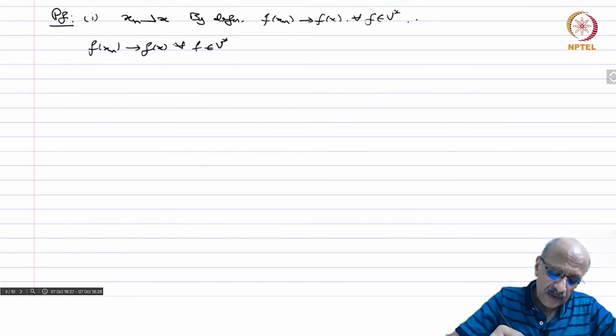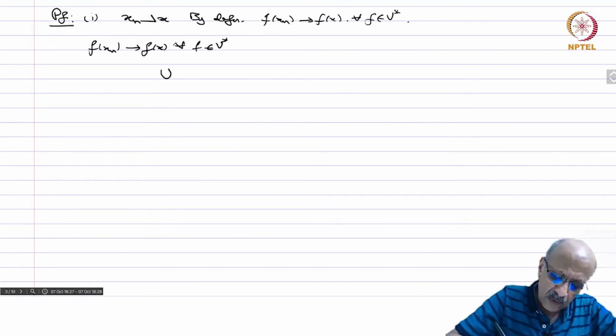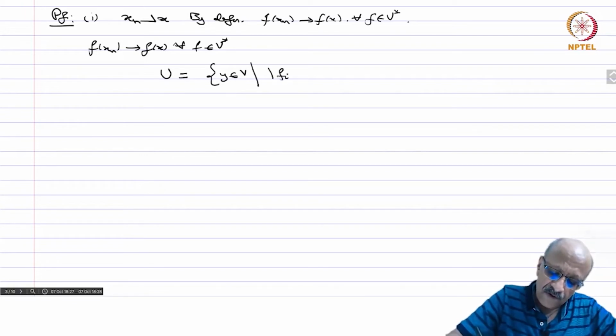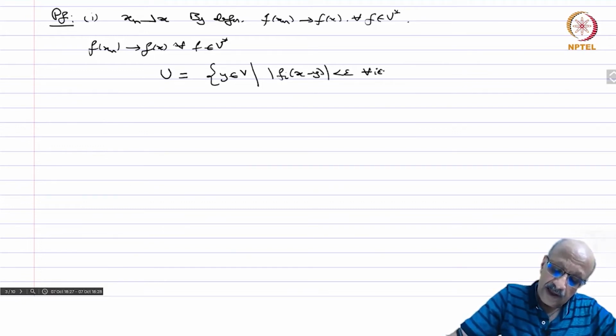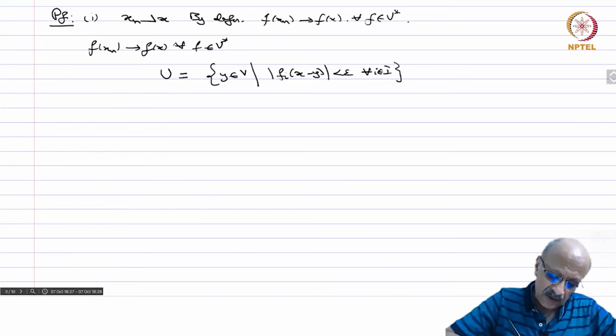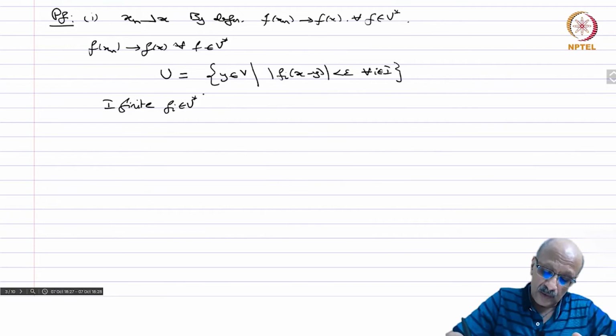Then how does a neighborhood of x look like? U is a neighborhood of x, if you remember, this is all y in V such that |f_i(x - y)| is less than epsilon for all i in I, and I is finite and f_i of course belongs to V star. So this is how a neighborhood would look like.